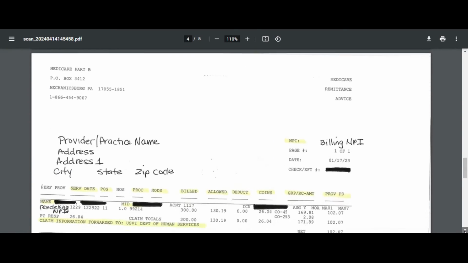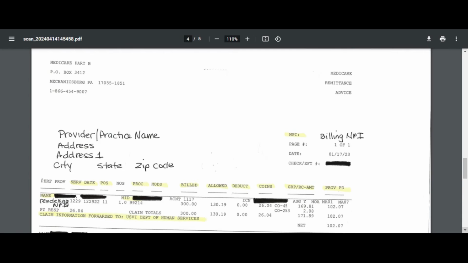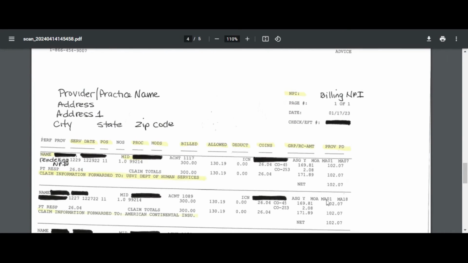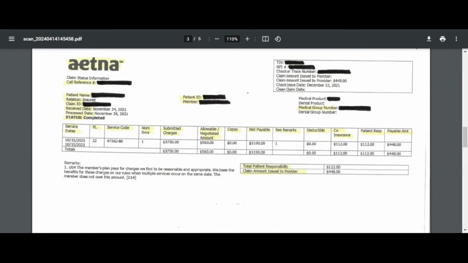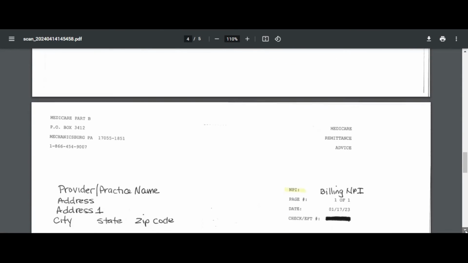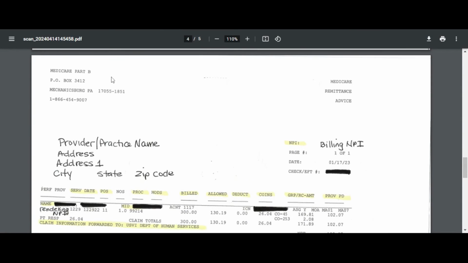Our fourth remit is from the famous, infamous Medicare. And for Medicare, we have the information at the top. They tell you that it's Medicare. And then they have here the provider or the practice name.